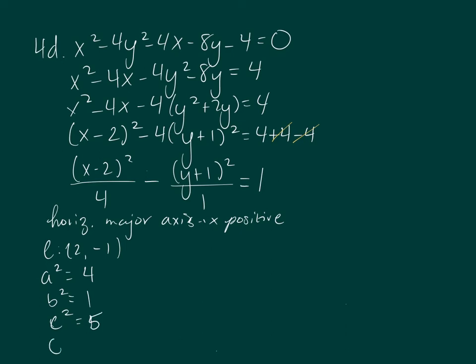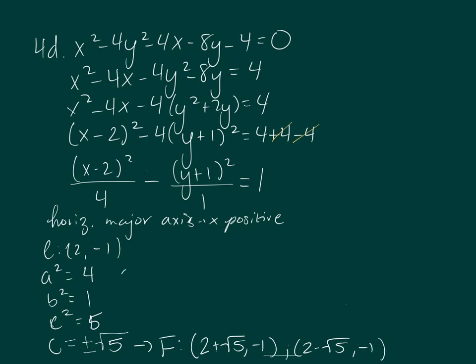So C is plus or minus square root of 5. So my foci are 2 plus square root 5, comma -1, and 2 minus square root 5, comma -1. A is plus or minus 2, and B is plus or minus 1. Okay, and now we graph.